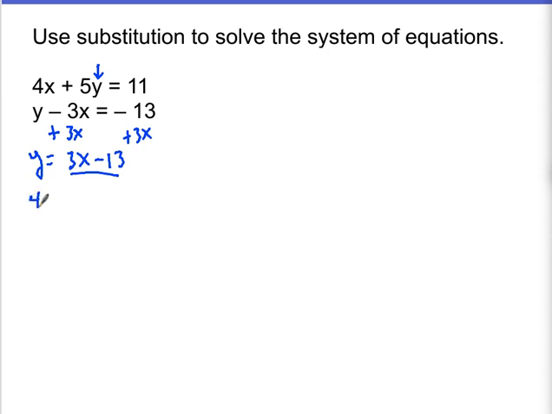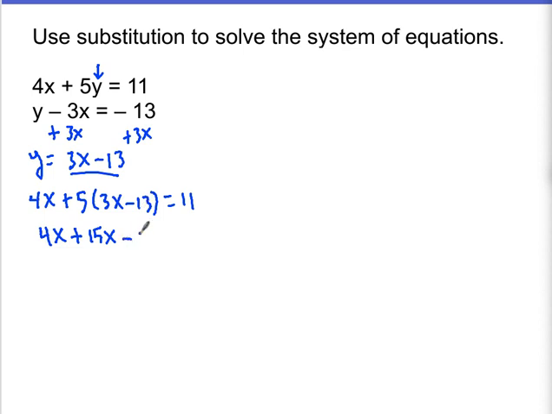So 4x plus 5 times 3x minus 13 equals 11. 4x plus 5 times 3x is 15x. And then 5 times 13 should be 65.